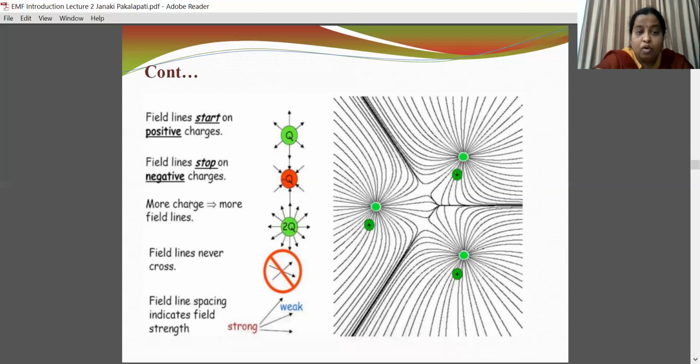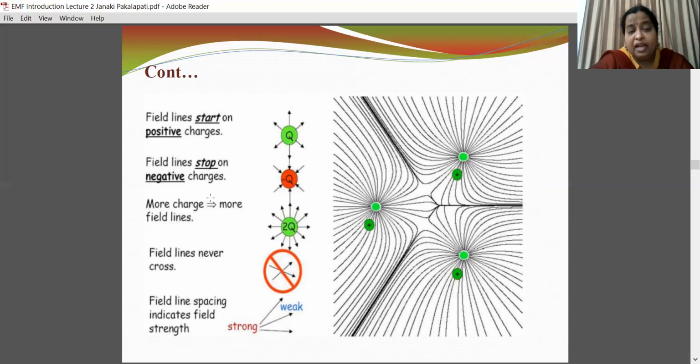More charge means more field lines. That means if the charge increases, the number of field lines also increases. And remember one thing: the field lines never cross each other. That means the field lines always move parallel or in another direction, but they never cut each other at any point. That is a main property you have to remember.